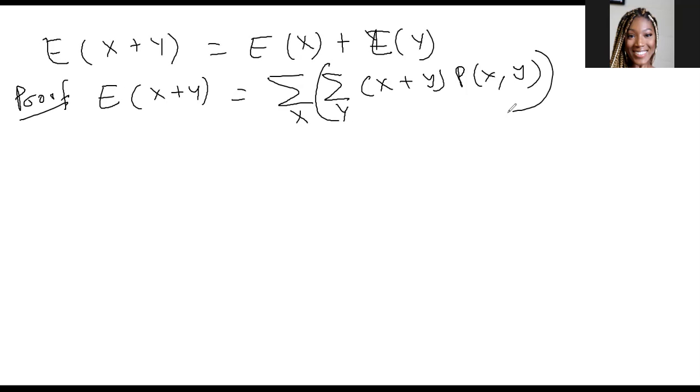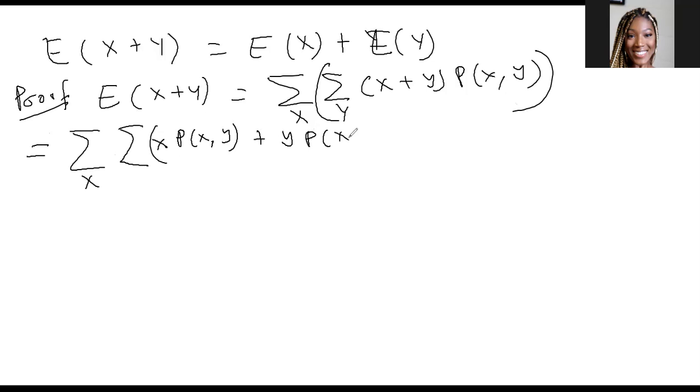Because of the distributive law for multiplication, we can put parentheses here, meaning that if you have to do the sum, you can do all the sum for Y before you multiply by X. So this will be equal to the sum over X of X, P of X, Y, plus Y, P of X, Y. This is again the distributive property.